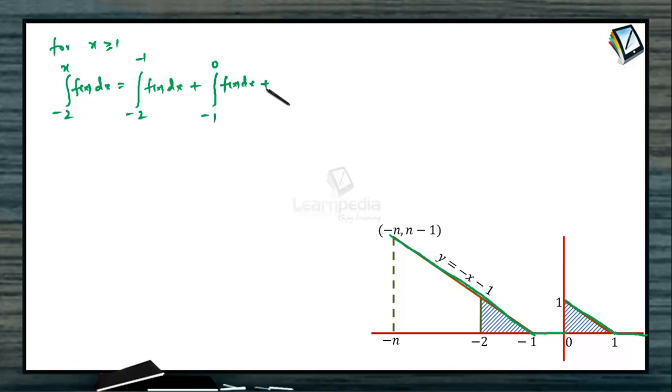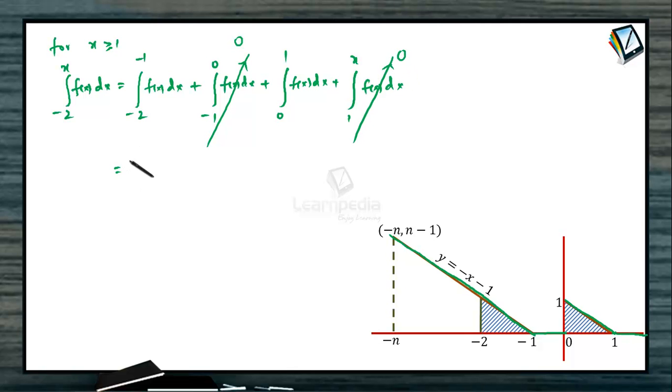We are splitting where the function is changing its character. Then again from 0 to 1 of f of x dx, and as x is more than 1, from 1 to x of f of x dx. But clearly, between minus 1 and 0 this function is 0, so this integral becomes 0, and from 1 to x this function is also 0, so this also takes the value 0.